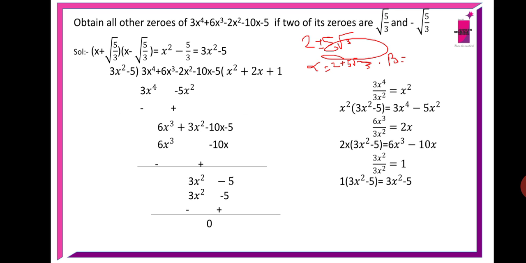So here the zero is root 5 by 3, then the factor is x minus root 5 by 3. Again, another zero is minus root 5 by 3, so the other factor is x plus root 5 by 3.